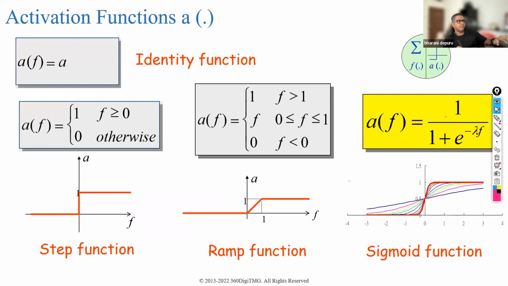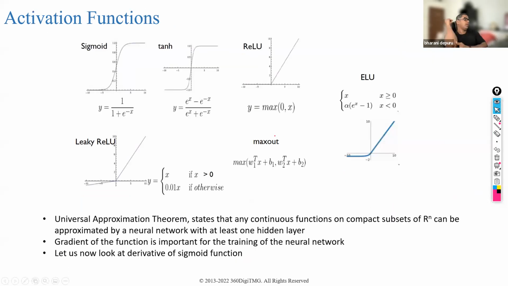Okay, and here is a formula for that. In the sigmoid family, we also have something called tanh, which is hyperbolic tangent. And then we also have ReLU, the abbreviation of rectified linear unit.